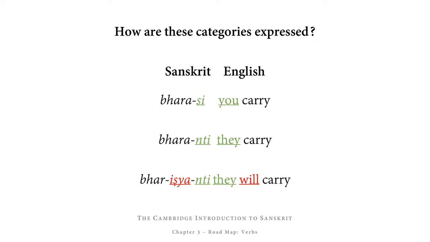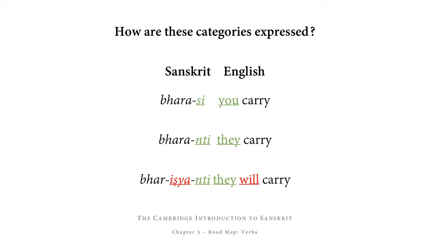In English, you express these categories by adding little independent extra words in front of the verb, whereas in Sanskrit, you add endings directly to the right-hand side of the verb. So not individual words, but things that are actually glued onto the verb forms. For example, in English, if I want to say "you carry," then I add a little extra word, "you," in front of the verb "carry."